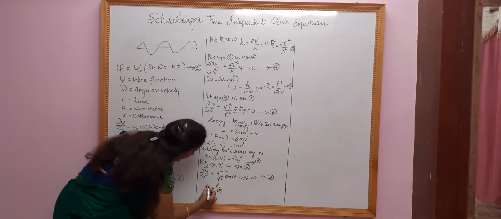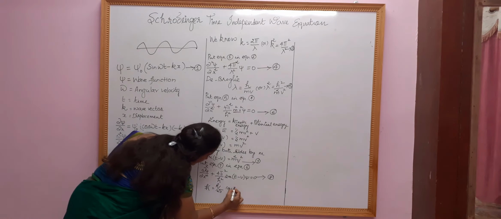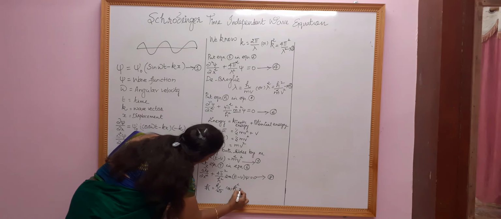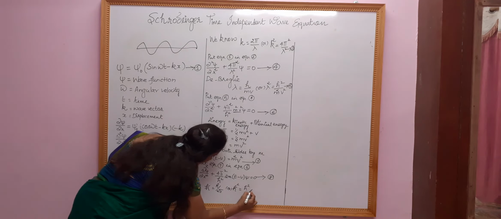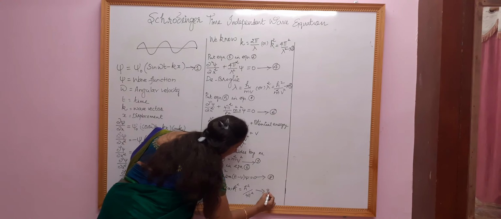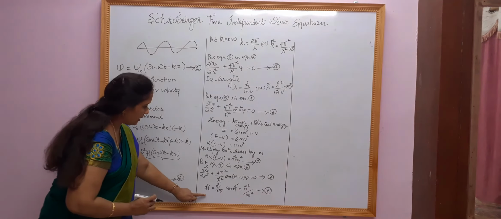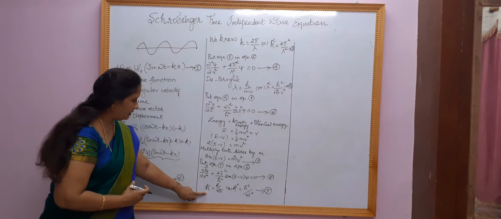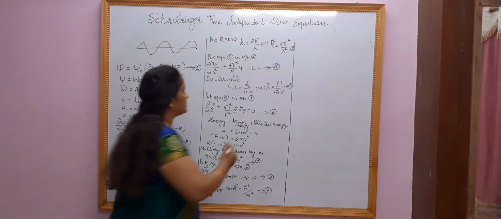We know h cross is equal to h by 2 pi, or h cross square is equal to h square by 4 pi square. So this is your equation number 9. You substitute this equation number 9 in equation number 8.